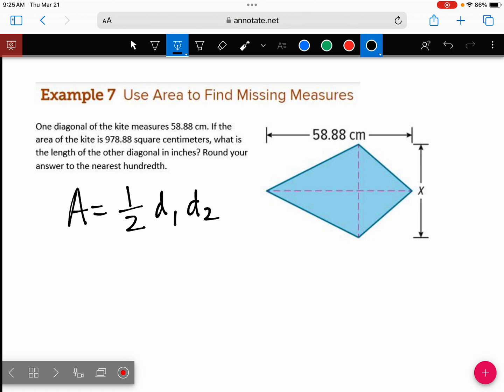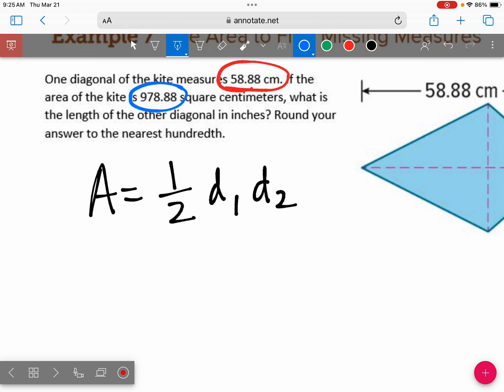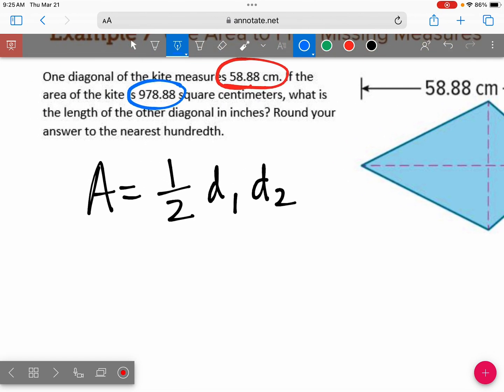So they told us that one of my diagonals is 58.88. And they also said that the area is 978.88. So let's go ahead and substitute those two numbers in. So for the area, we're going to put our 978.88.